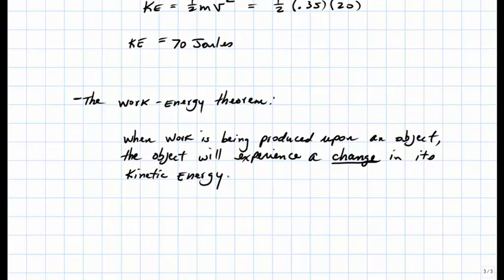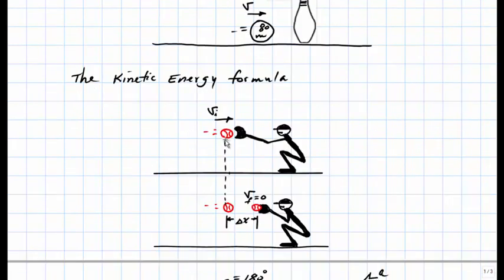Let's relate this to the baseball example that we looked at earlier. As you recall, in this example, the baseball was coming in with a high velocity. That means initially it had a high kinetic energy. The catcher applied a force over a certain displacement. That means that the catcher did work on the ball. In other words, work was being applied onto the ball, and as a result, the ball came to rest.